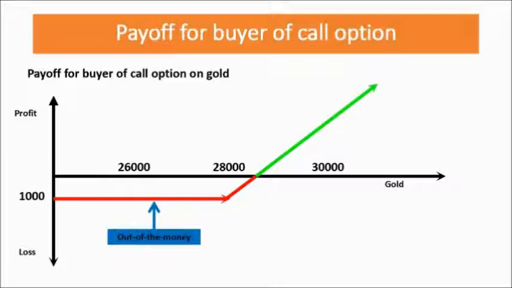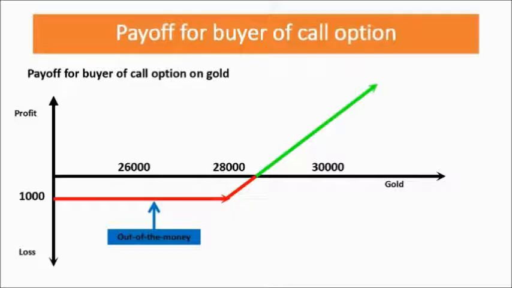So as long as the gold remains at 26,000, the buyer is going to be in loss, meaning he didn't recover his premium money. In this kind of situation, the option can't be exercised, because the spot price or today's market price is less than the strike price.